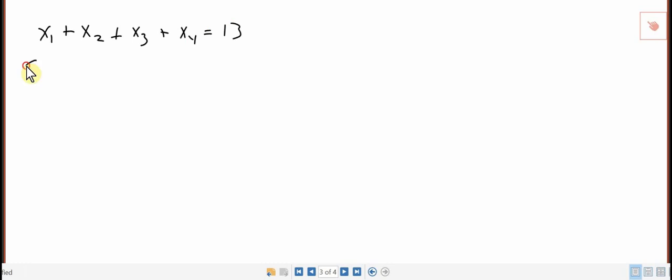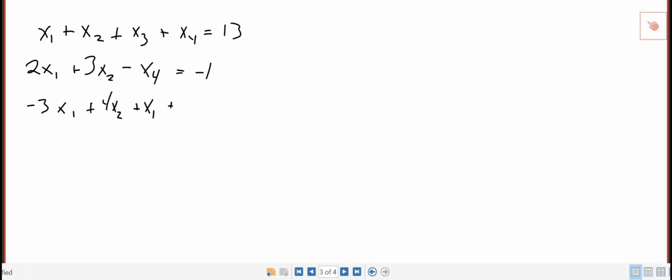And 2x1 plus 3x2 minus x4 equals negative 1. Negative 3x1 plus 4x2 plus x3, sorry, plus 2x4 equals 10. And x1 plus 2x2 minus x3 plus x4 equals 1.